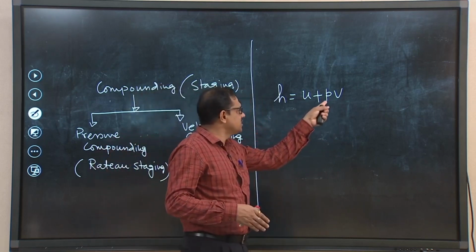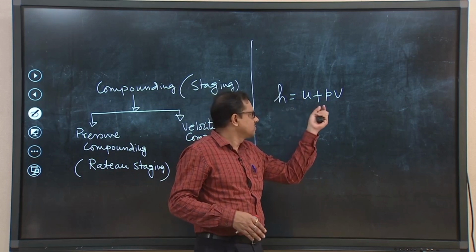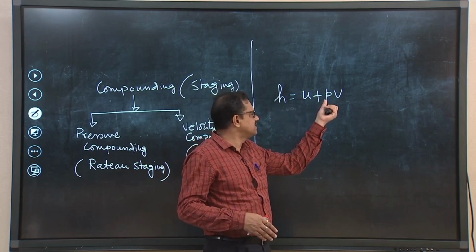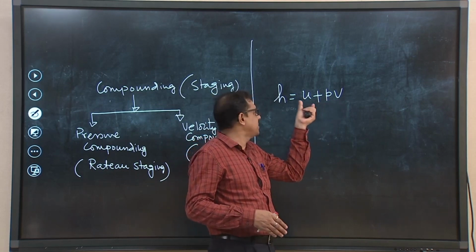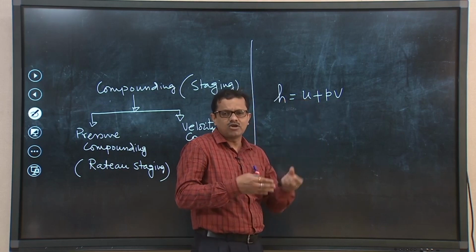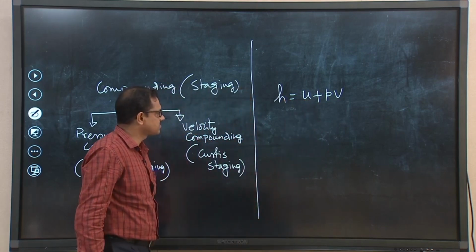By changing pressure and velocity we can play with the enthalpy that will drop in a particular stage.